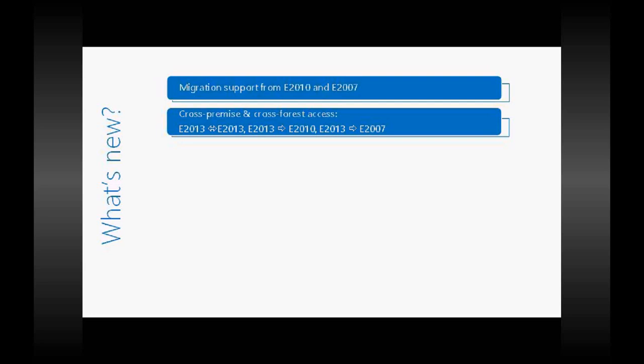So really, if your mailbox is in Exchange 2013, then you can do a combination. If your mailboxes are on 2007, you can't access the 2013 public folders. And this is important when we come to do the migration, which we'll talk about shortly.